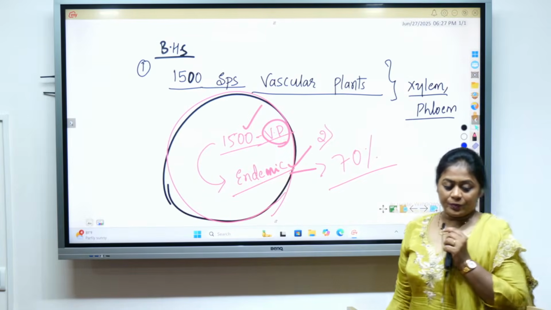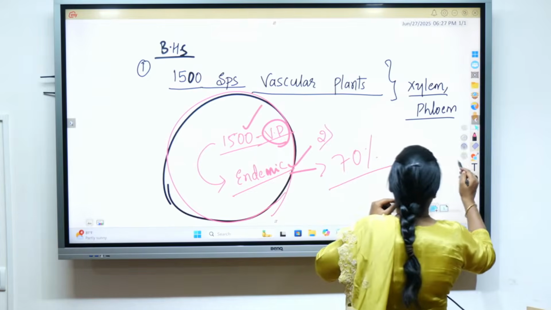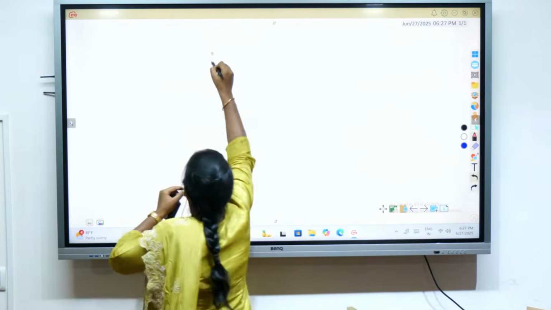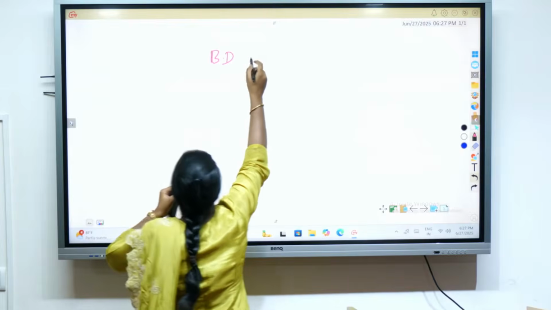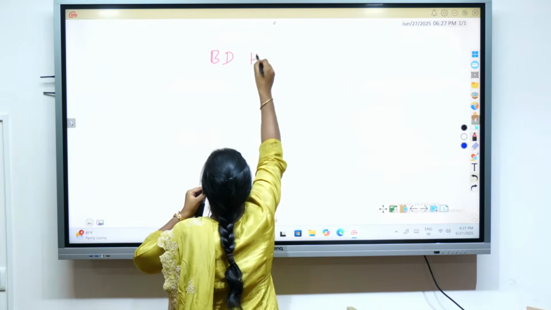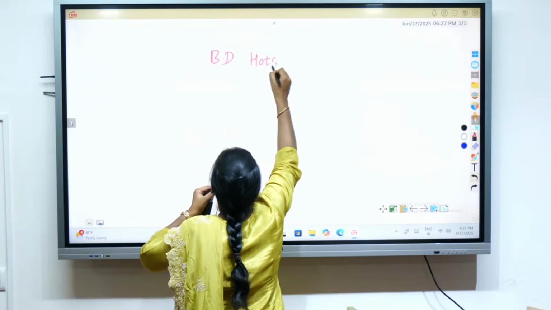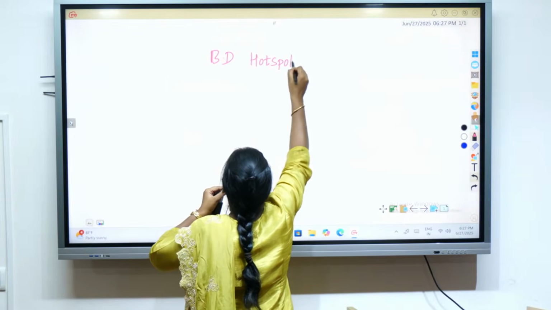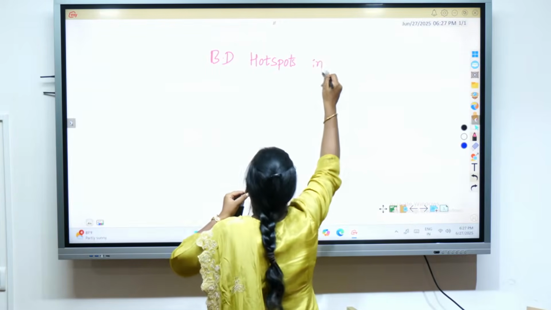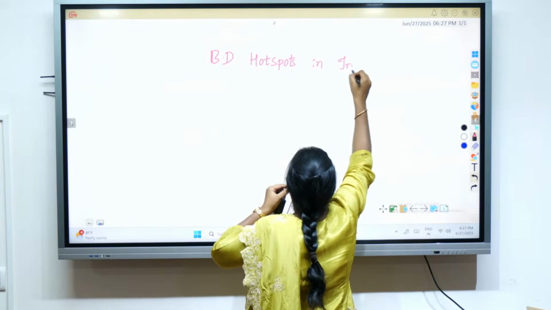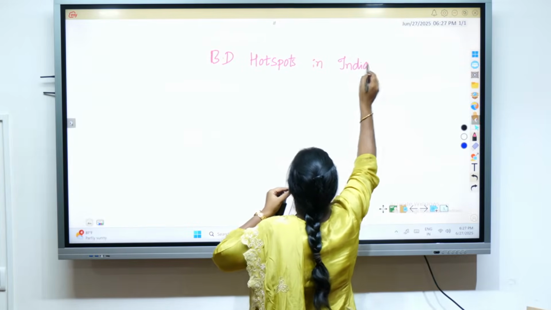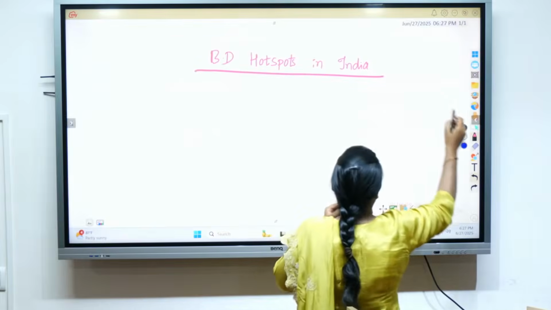In India, how many biodiversity hotspots are there? Biodiversity hotspots in India are repeated a lot in exams. Are they isolated hotspots or shared? They are shared, not separate.